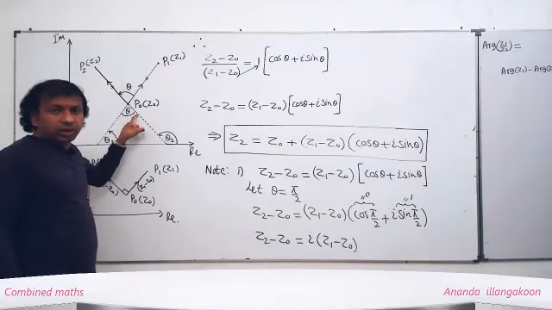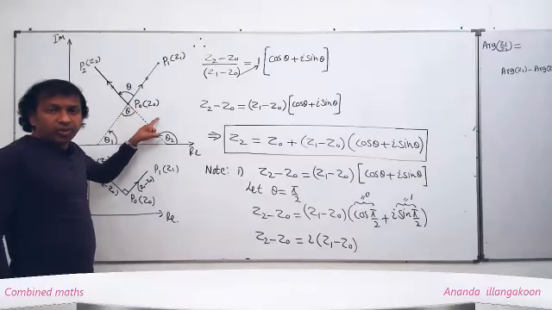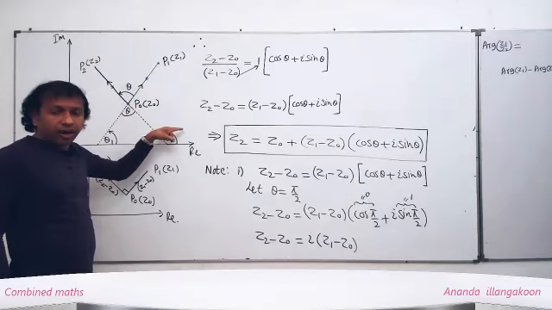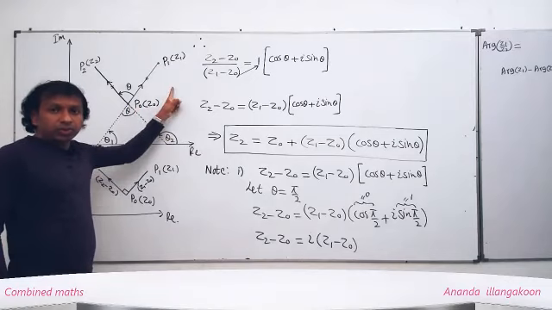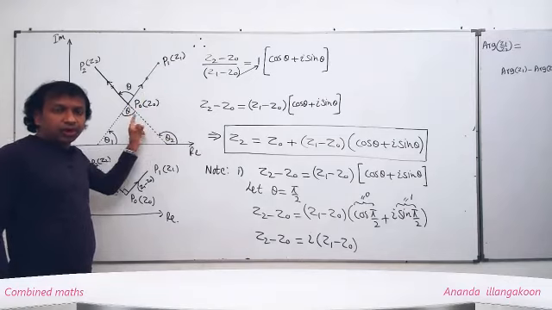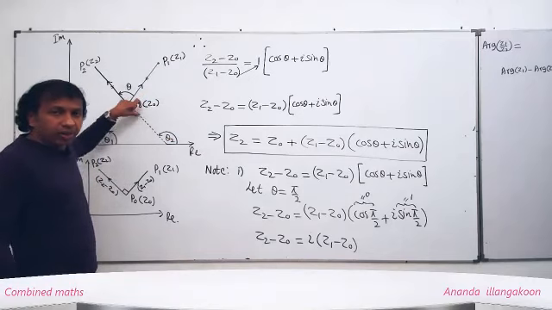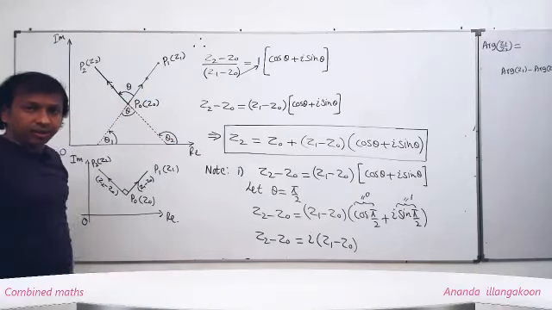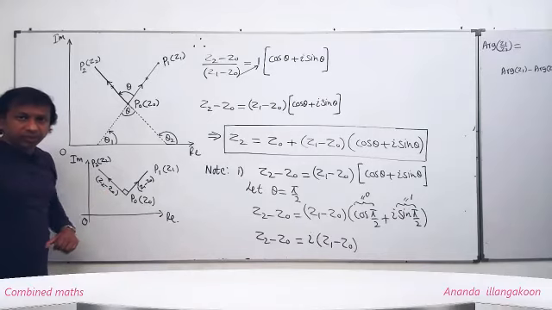Z1 minus Z0 starts from the point P0. Then Z1 minus Z0 is multiplied by i. Since that line segment starts from P0, about the point P0 only it rotates in anticlockwise by an angle 90. Understand that?